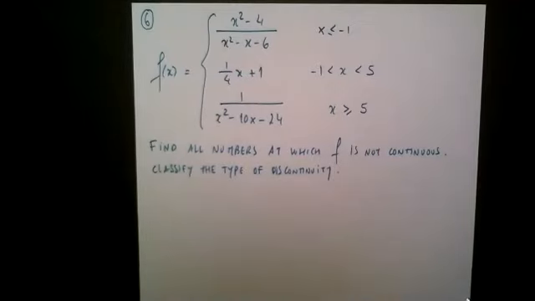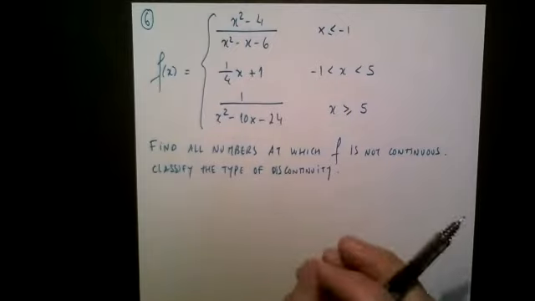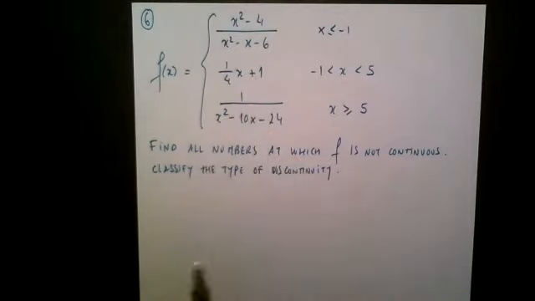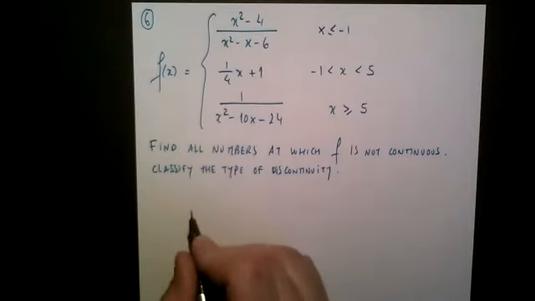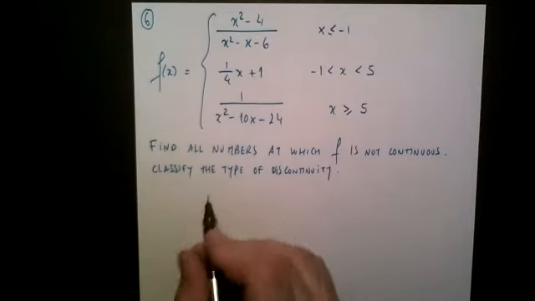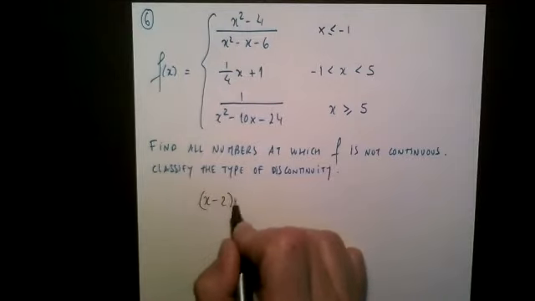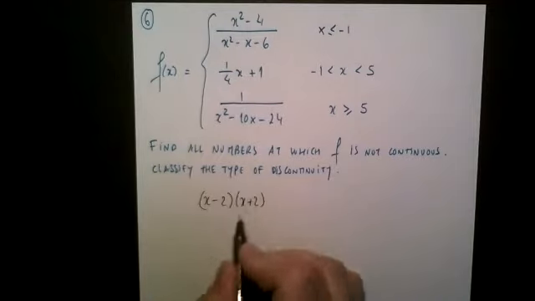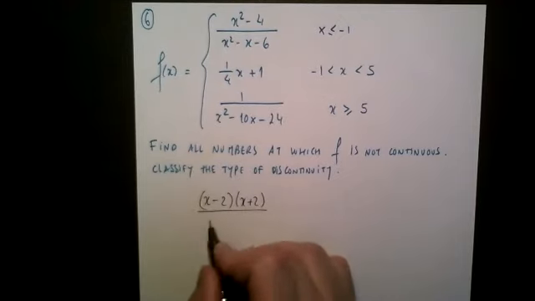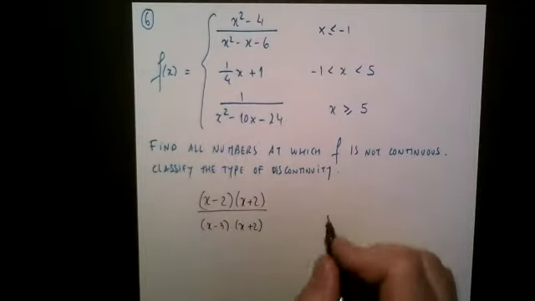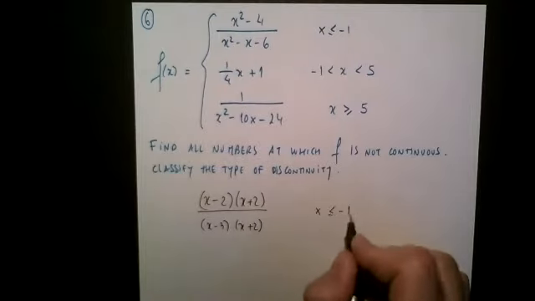Okay, so let's see what are the possible problems. I'm going to factor everything. I'm going to rewrite in factored form. So the top function will be x minus 2, x plus 2. And on the bottom, I have x minus 3, x plus 2. That's for x less than or equal to minus 1.